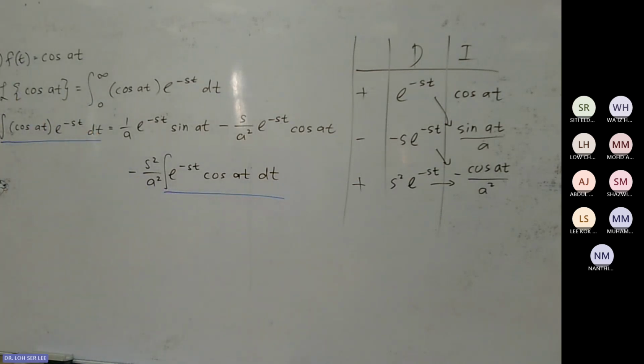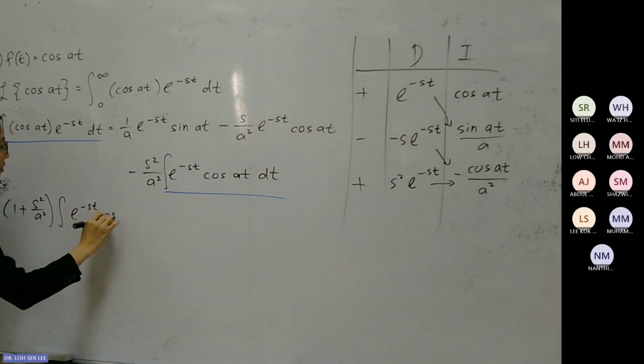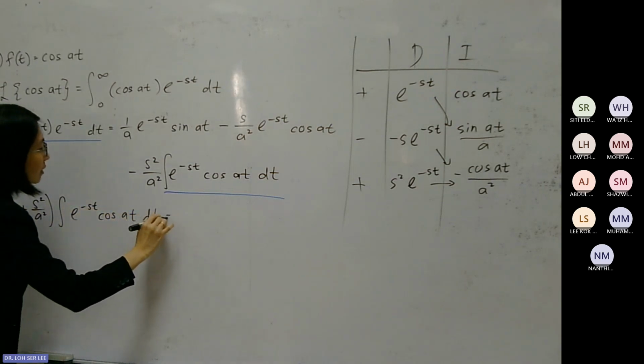They're the same, right? So we move this last term to the left. It means that this is 1. 1 plus s squared over a squared, and then the integration e negative st cos at dt equals to the two terms.